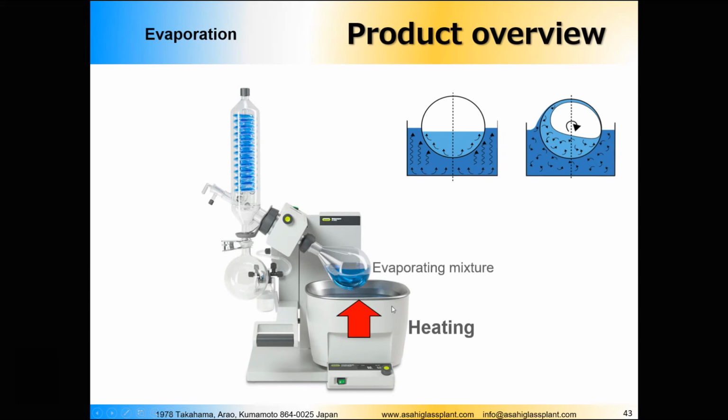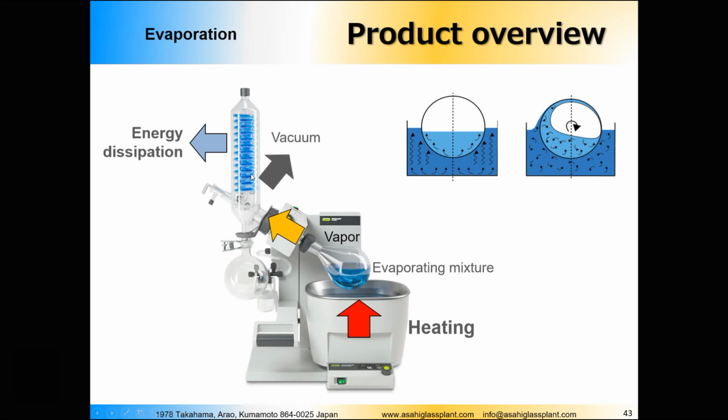In general, the process is pretty simple. We have the heating bath, which heats up the flask. We have the evaporation mixture here. We have the vacuum applied to the system in order to lower the boiling temperature of the solvent. When we apply the vacuum, the vapor starts to form and goes through this evaporation tube straight into the condenser, where we have the condensation process.